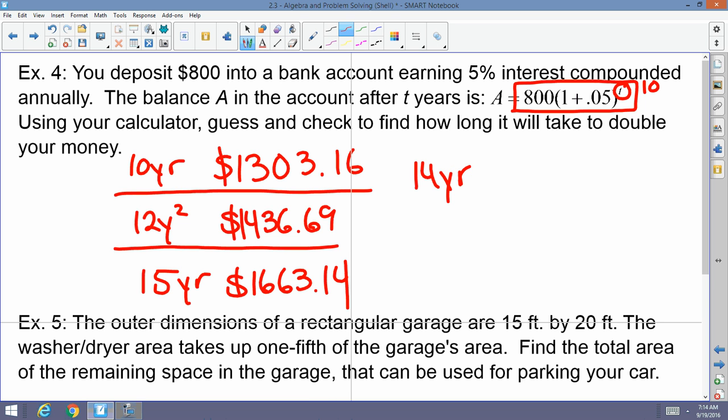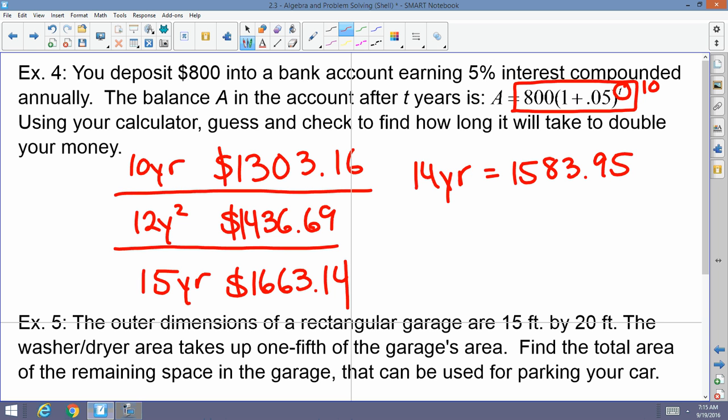Let's see if that's any closer. 800 times parentheses 1.05 raised to the 14th power. That's going to be 1583.95. So yeah, 15 years is the closest, in between 14 and 15.